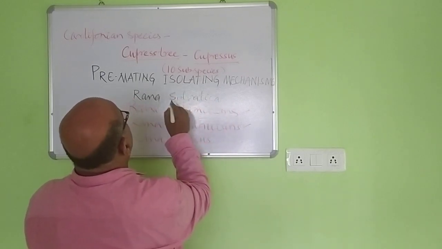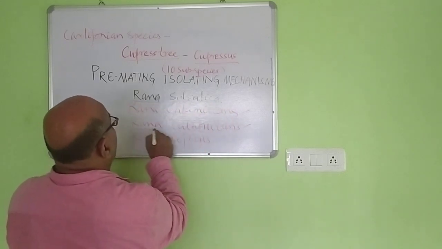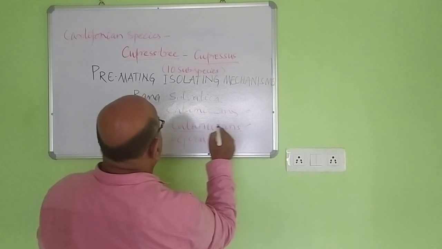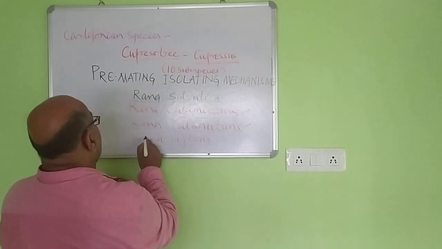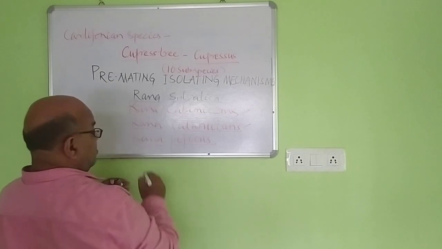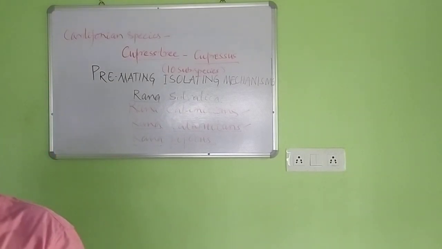These are the species: Rana sylvatica, Rana calamitans, Rana pipiens. Those species possess the same generic name. Genus is the same, species are different.